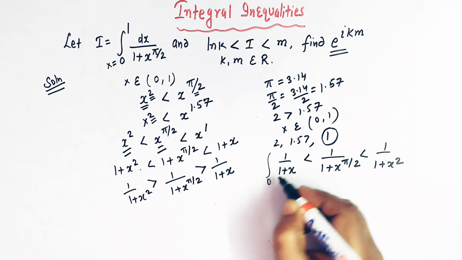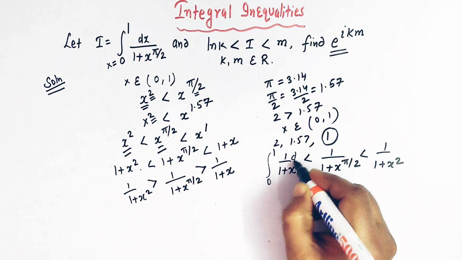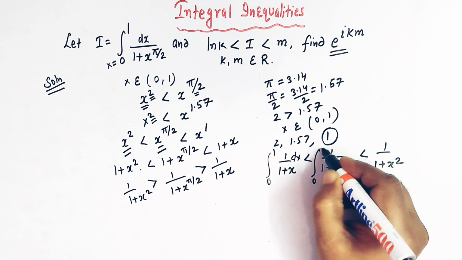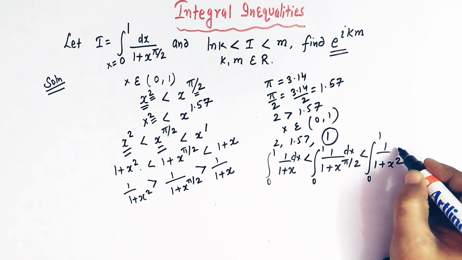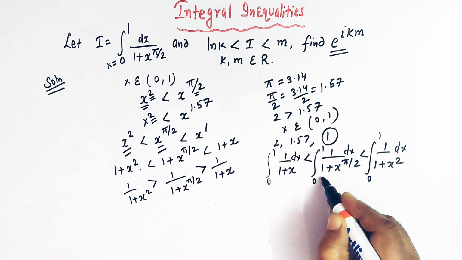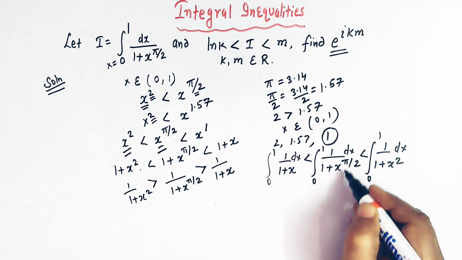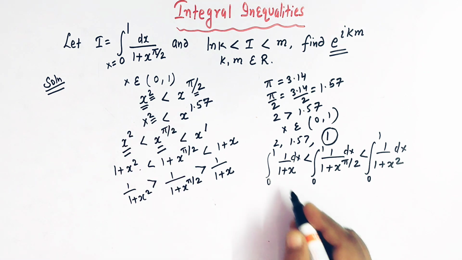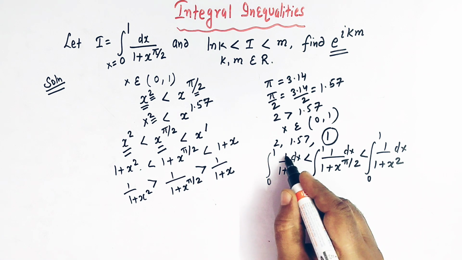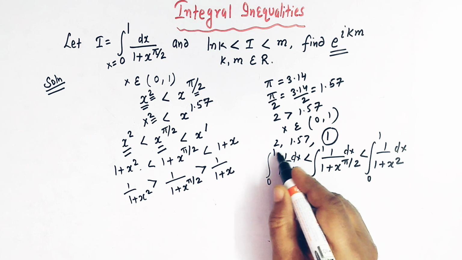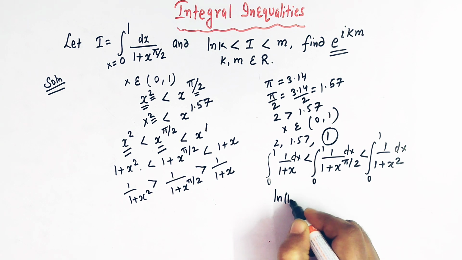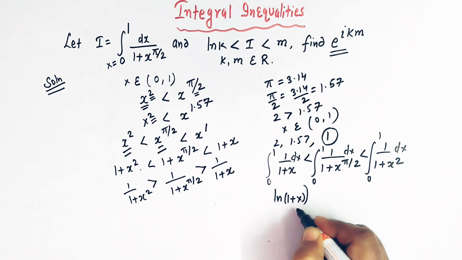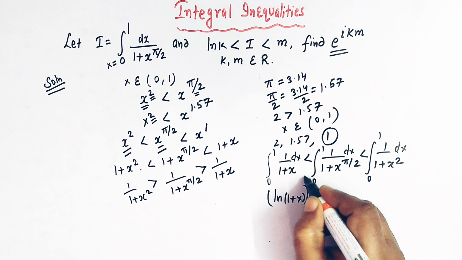So we'll get 0 to 1 dx, here we have 0 to 1 dx, and here we have 0 to 1 dx, right? So now this integral is our integral I, and here we have 0 to 1 1 over 1 plus x. So the integral of 1 over 1 plus x is log of 1 plus x, and the limits are from 0 to 1.